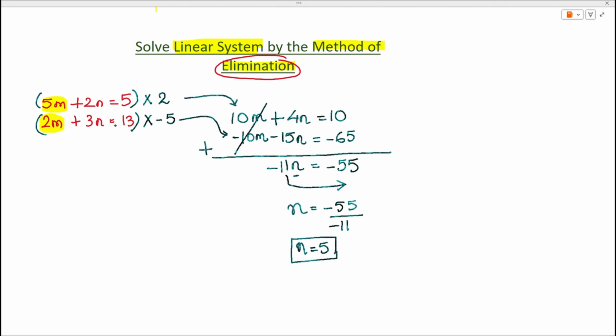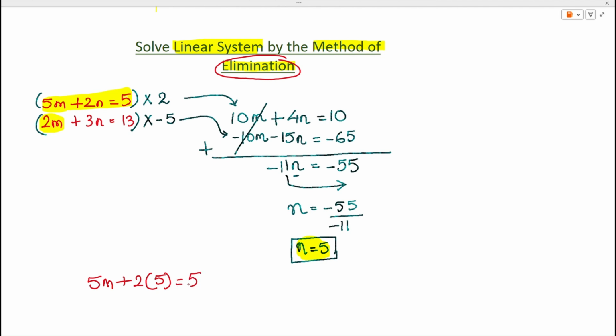Now, we have to solve for m also. To do that, this n value can be used in any one of the two original equations. So let us take the first equation and substitute the value of n in that. So we have 5m plus 2, where n is substituted by 5 because we've already got that value, is equal to 5.